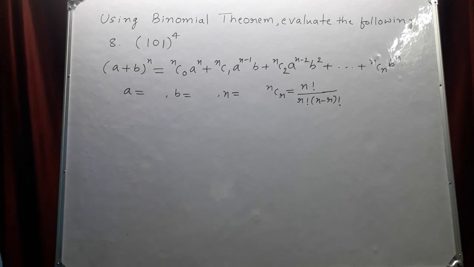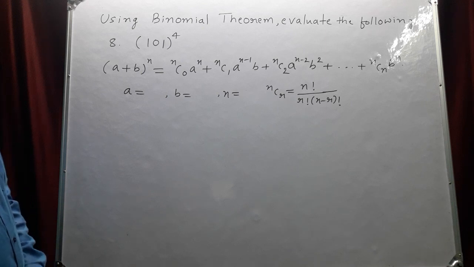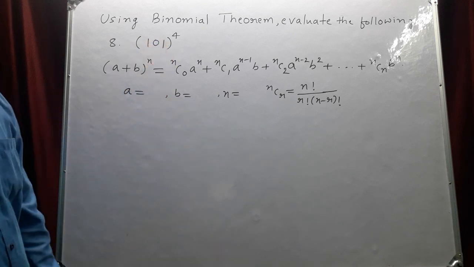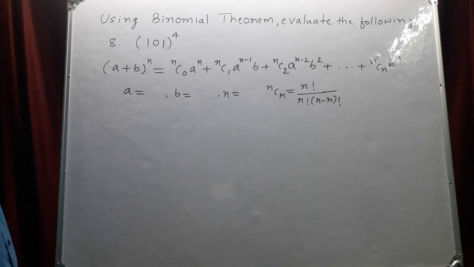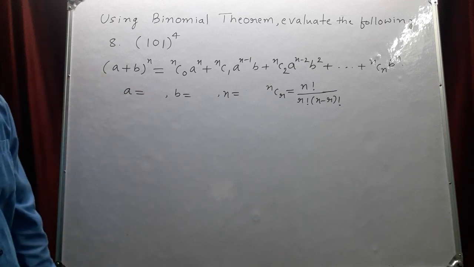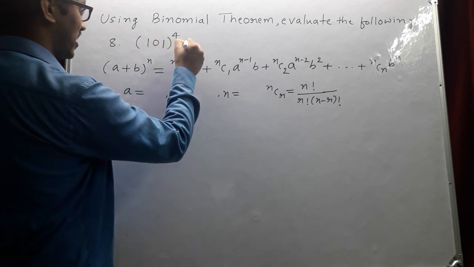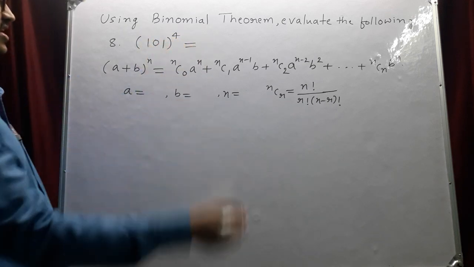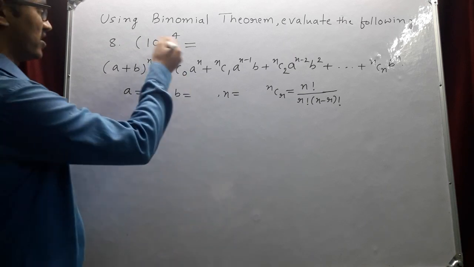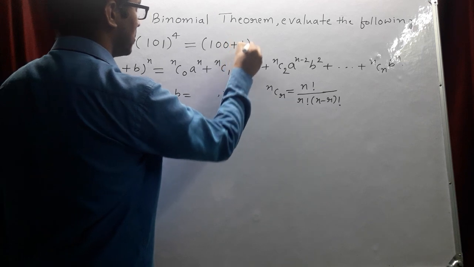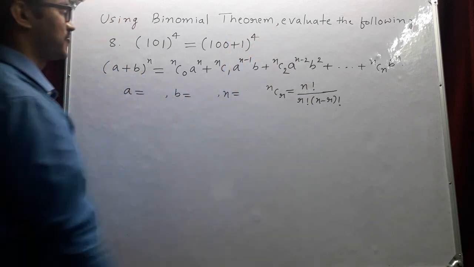Next one, question number 8, 101 power 4. Here also we are going to express 101 as the sum or difference of two numbers whose powers can be easily calculated. 101 is nearer to 100, and we can find the powers of 100 easily. So 101 we can write as (100 plus 1) whole power 4.